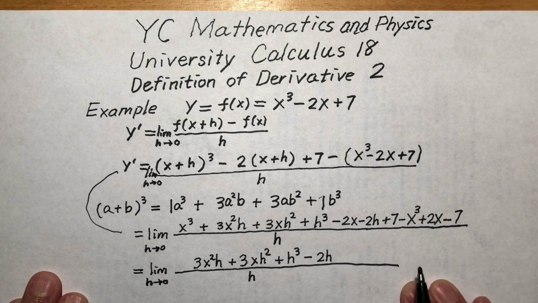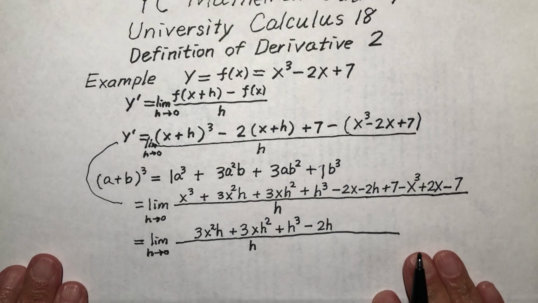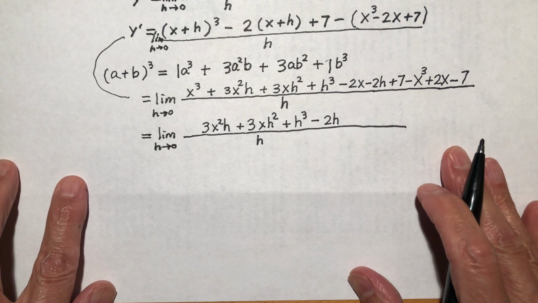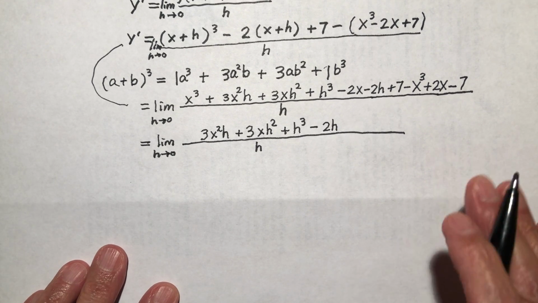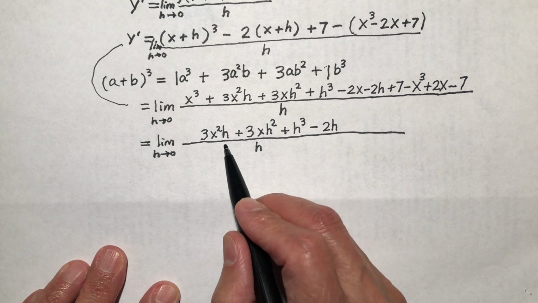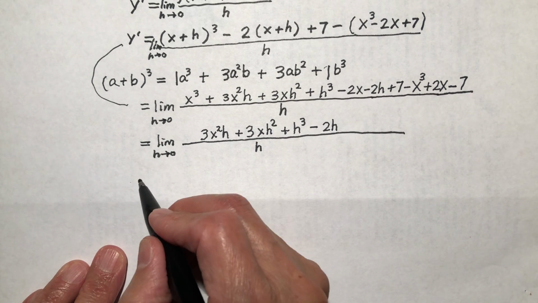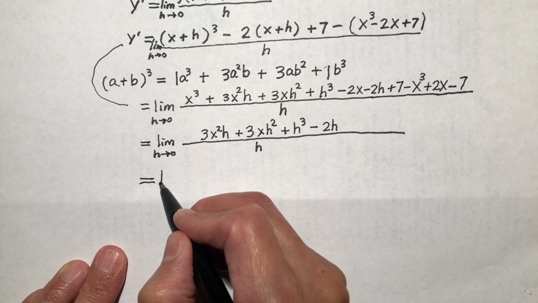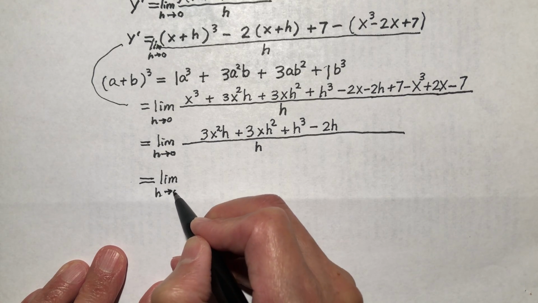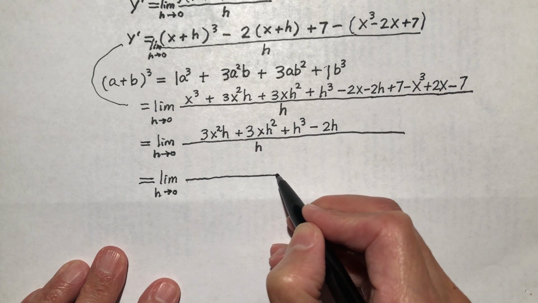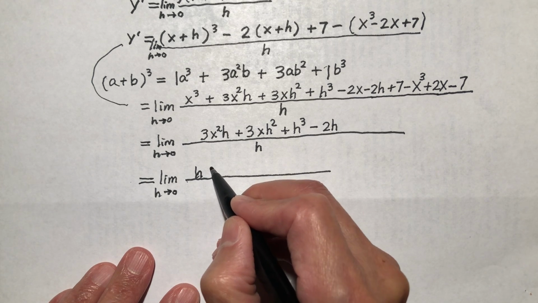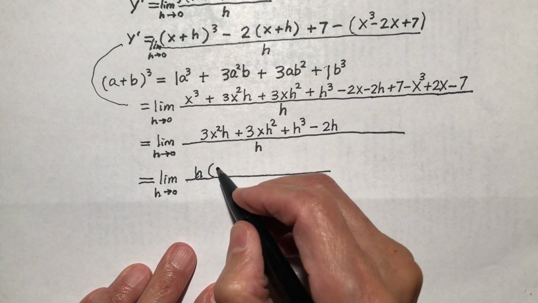What do you see now? I see h, h, h, h. So I can factor out h. Limit, h goes to 0. I have a fraction, factor out h. Then I have 3x squared left.